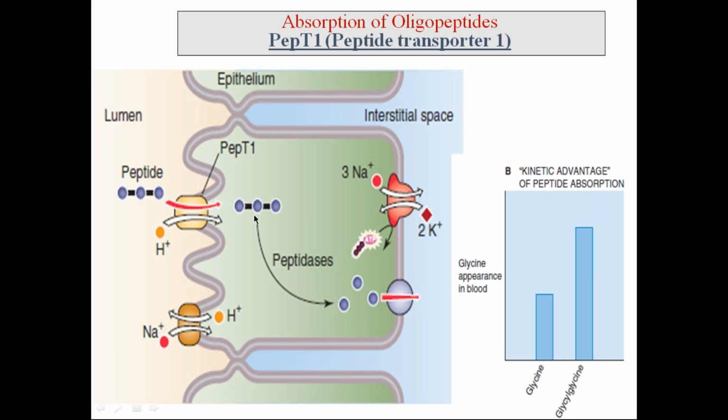From here it will be broken down into amino acids by intracellular peptidases, and then it will be absorbed. Here you can see the advantage of peptide absorption. This is a faster process as compared to the absorption of free amino acids. This graph is basically showing you the kinetic advantage of peptide absorption.